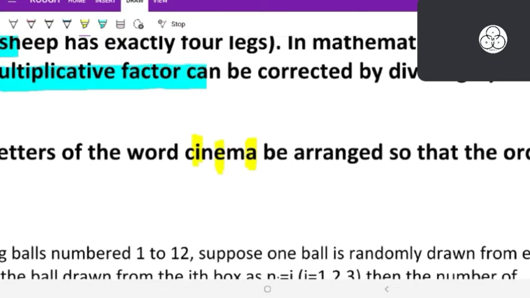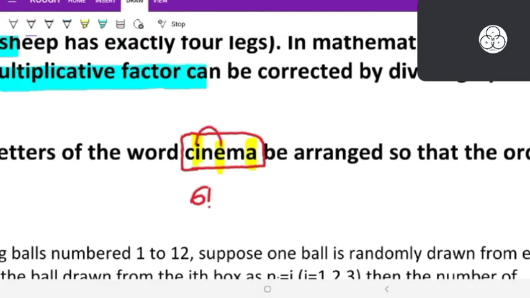I, E, and A are the vowels. If we are supposed to arrange the entire word CINEMA without any restrictions, in how many ways can we do this? There are 6 different letters, so 6 factorial ways.